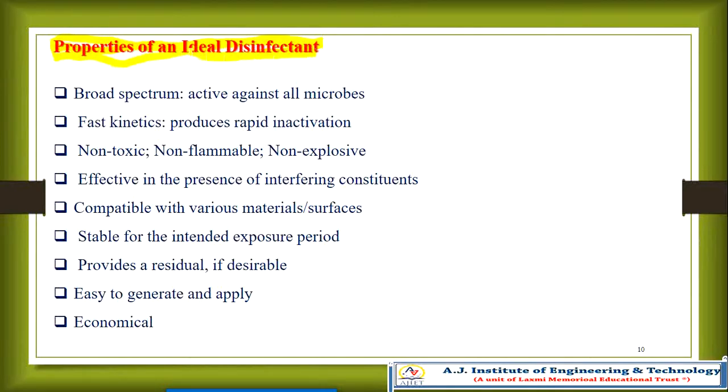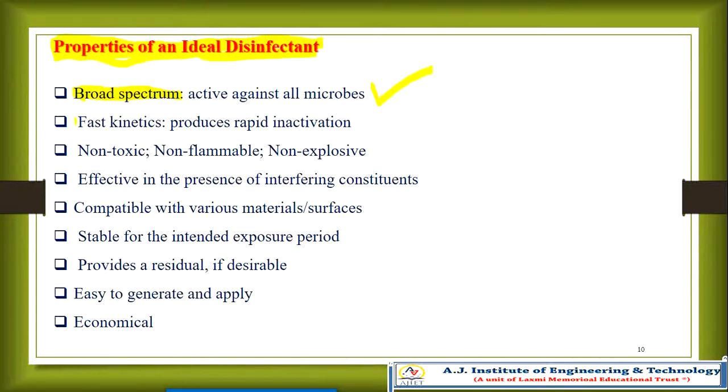The material or chemical which we use for disinfection is called a disinfectant. Chlorine is a disinfectant. One property of an ideal disinfectant is broad spectrum, active against all microbes.